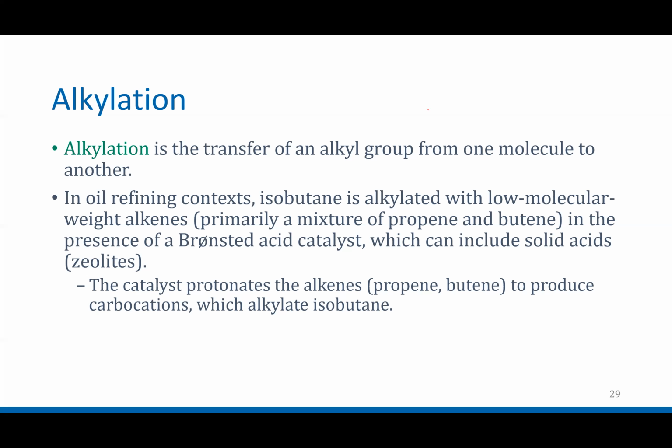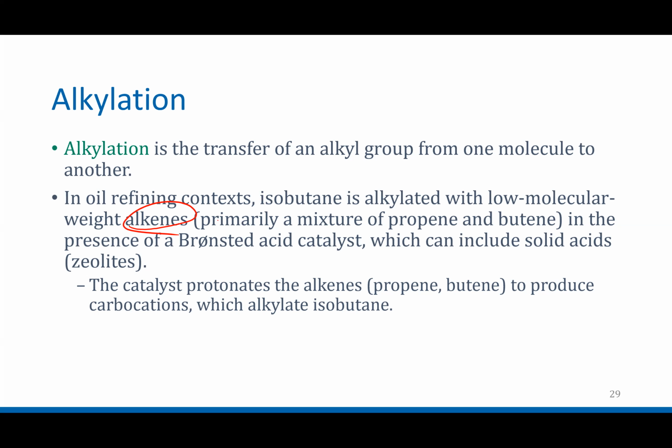Now, you don't need to memorize that at all, but the idea is that typically in oil refining, you would take isobutane and alkylate that, or transfer an alkyl group, with a low weight alkene. Now remember, the alkene has a double bond, and that makes it reactive. So we can take low weight alkenes like propene or butene.